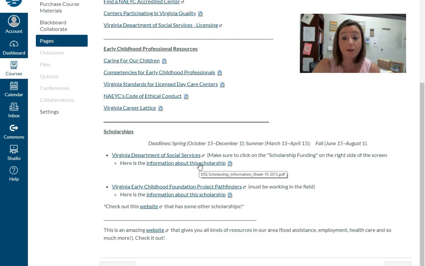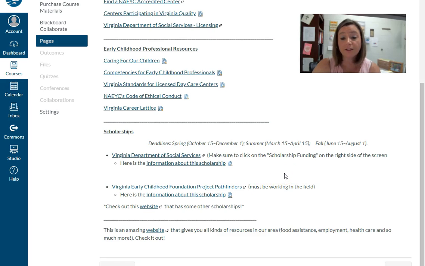But as long as you are taking a class or classes that fall in the early childhood field, then you are eligible for this scholarship. And you can see that their application period is open through August 1st. So you definitely want to make sure to go ahead and get this in if you're planning on taking classes in the fall.